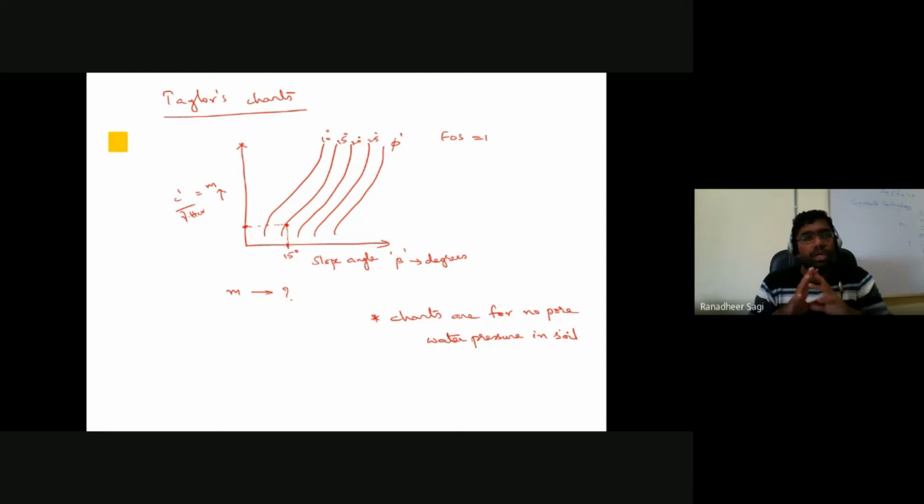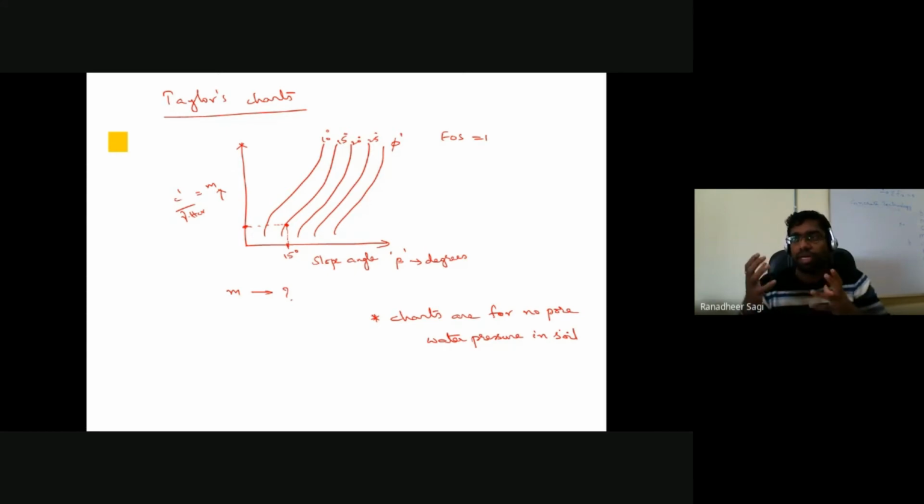No. We have other charts also available in the literature, which are given by Spencer, by Morgenstern, and by Janbu. Different people developed their own theories for analyzing the given slopes, and based on those theories, they developed standard charts.